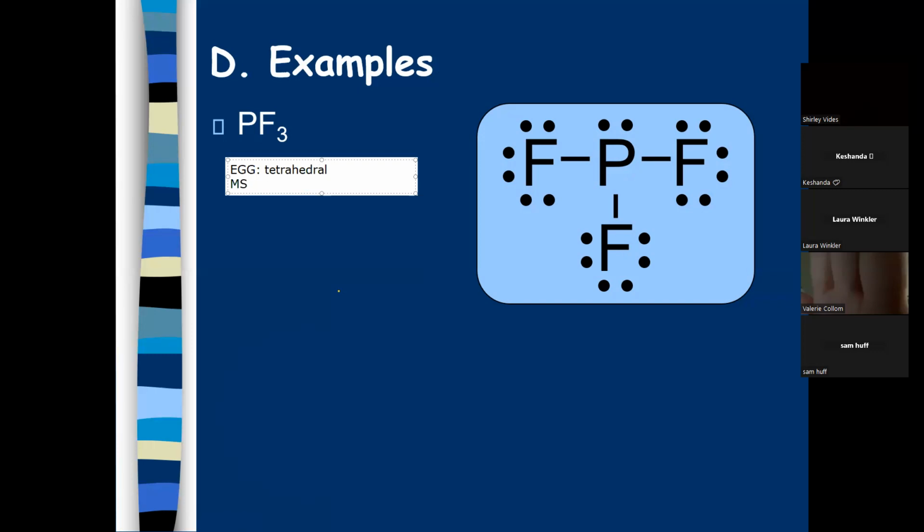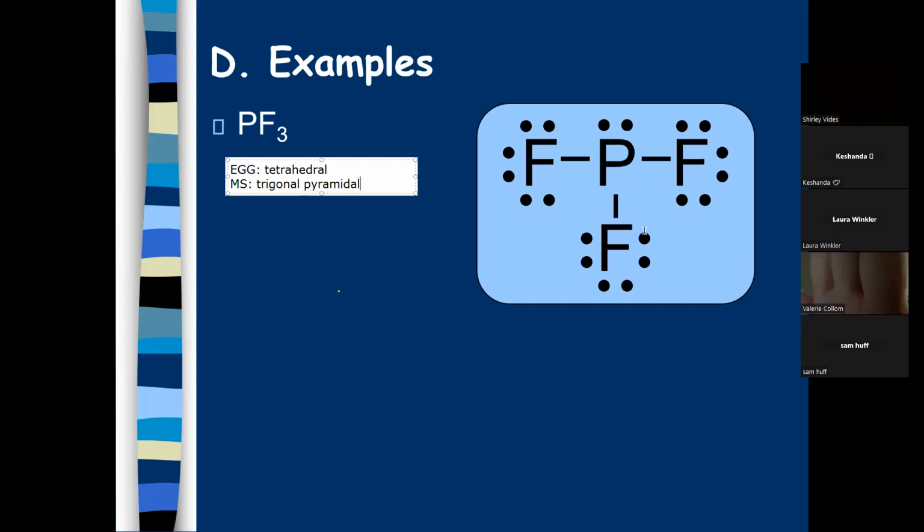Molecular shape, and there's no MSG. That sounds like something you put in food. Molecular shape is actually trigonal pyramid. Okay, see? And how can I tell?